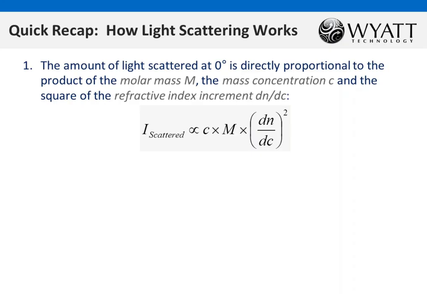The refractive index increment is sample specific, and it describes the change of refractive index of a solution when adding a solute, and it can also be viewed as a light scattering contrast parameter. In light scattering, dn/dc is the equivalent of the UV extinction coefficient in UV-vis.